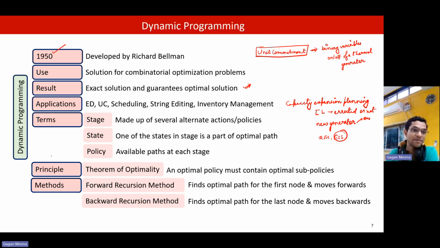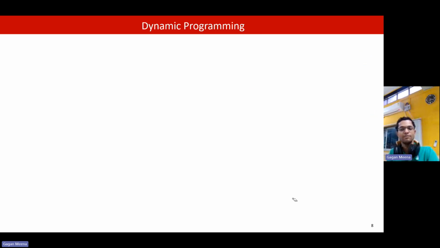The principle of dynamic programming is that an optimal path which we have selected should always contain optimal subpath or policies. There are two methods, forward and backward recursion. In forward, we find the optimal path for the first node and we move forward. That's why it's called forward recursion. In the opposite case, backward, we find the optimal path for the last node and move backward.